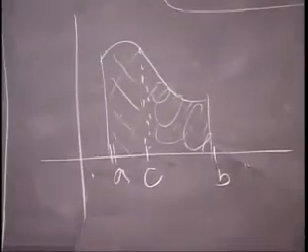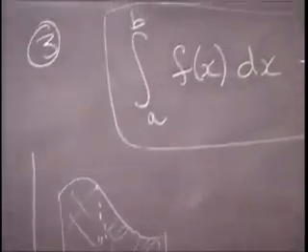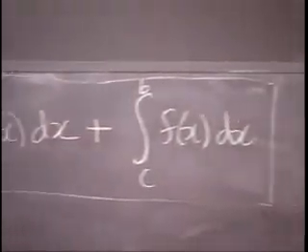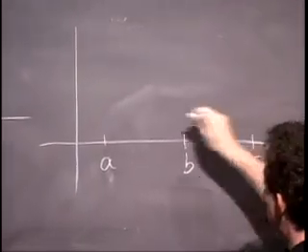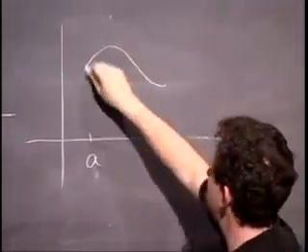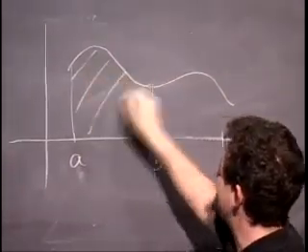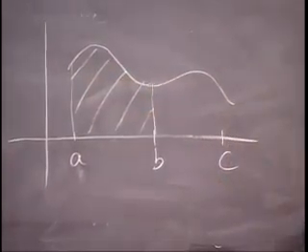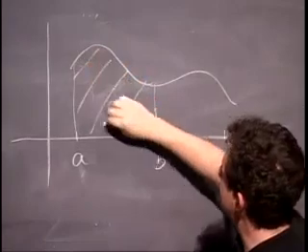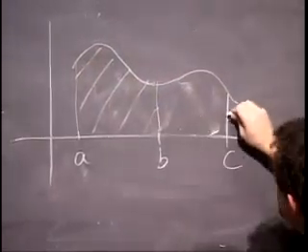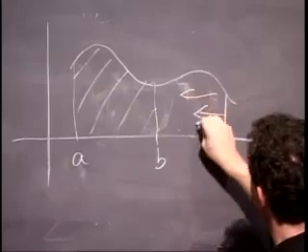Actually, it even makes sense if c is not between a and b, believe it or not. Suppose c is to the right of b. What this equation says, there's the left-hand side. The right-hand side says you take this entire integral up to here, and you add on the backwards integral from c down to b.